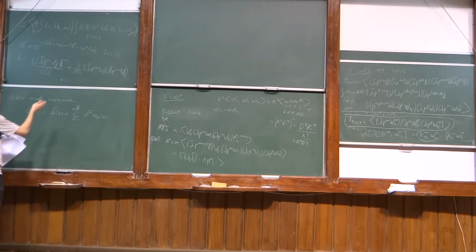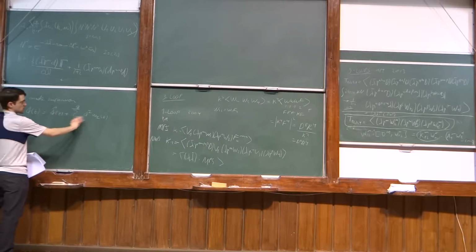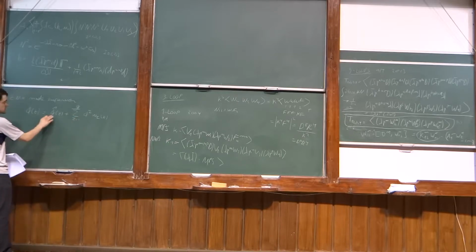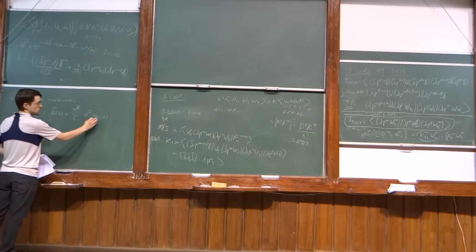So in these calculations, whenever you see a form with one variable, you need to do this expansion here, where this guy will act as OPEs, and these are the zero modes.